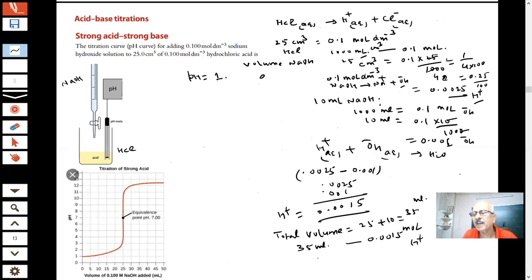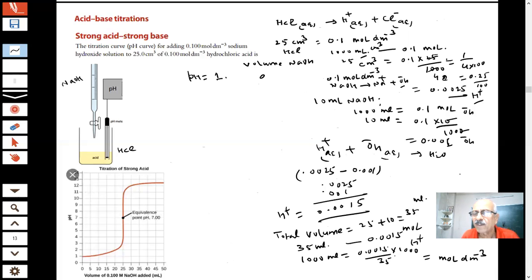To find the pH, you have to use the concentration, meaning molarity. In 1000 milliliter, how many moles will be there? 0.0015 into 1000 divided by 35. This gives me mole per decimeter cube of H plus.